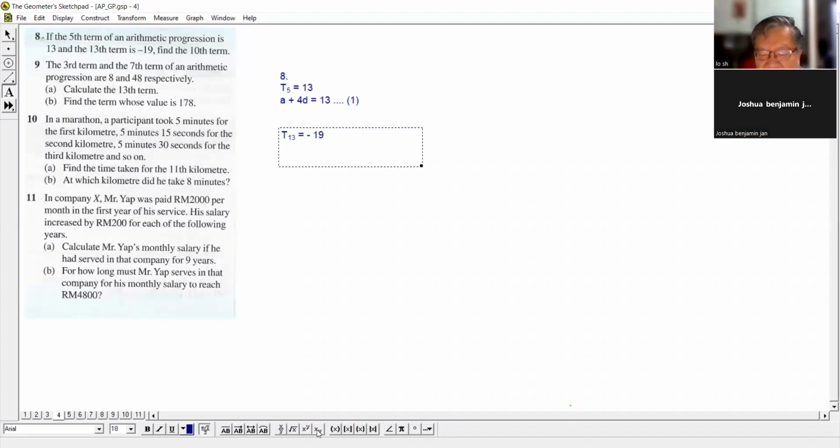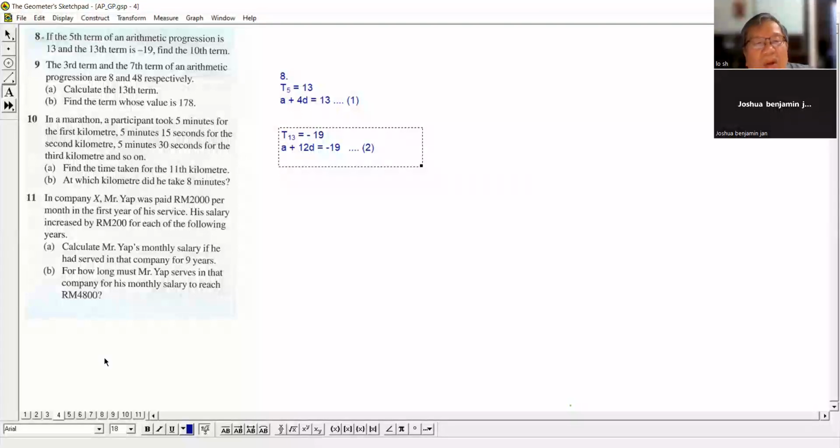Okay, what is the next step? A plus 12D equals negative 19. Okay. So this we call equation 2.